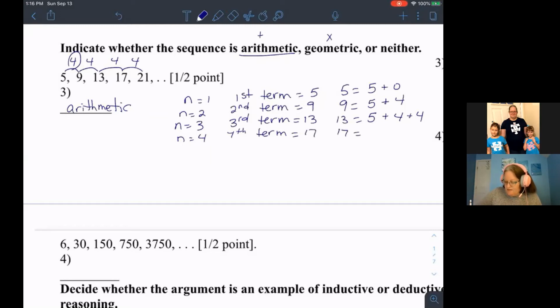So 17 is equal to our starting term plus our difference plus our difference plus our difference. So the nth term is equal to our starting number, the 5, plus, since we're adding, the difference, which is 4, times n minus 1.